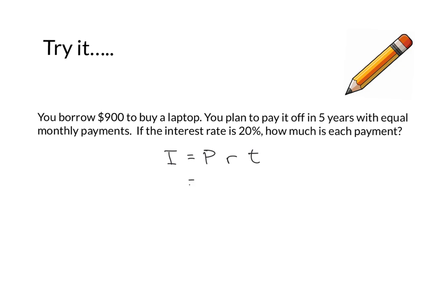So here you borrow $900. You plan to pay it off in 5 years with equal monthly payments. Your rate is 20%. And 5 years is your total time. So we'll go 900 times 0.2 is 180. 180 times 5 is 900.